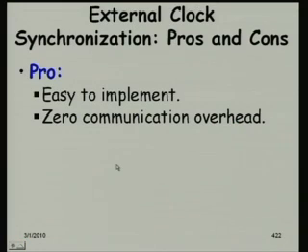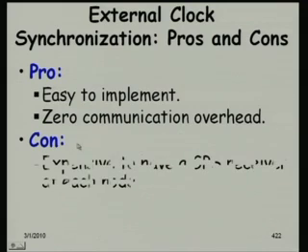As we were saying, let us see the advantages and disadvantages of the external clock synchronization. It is easy to implement, just keep on sensing the time and setting it. Zero communication overhead on the internal network, because these are broadcast to these nodes.